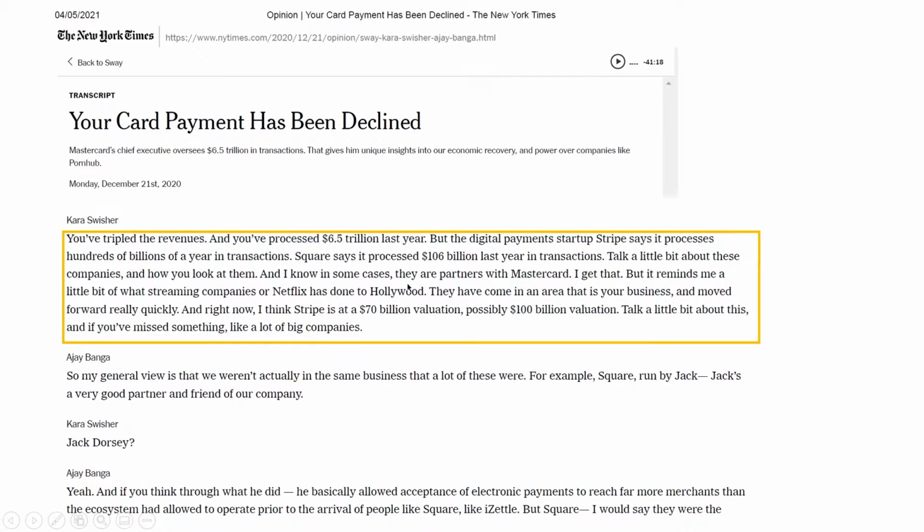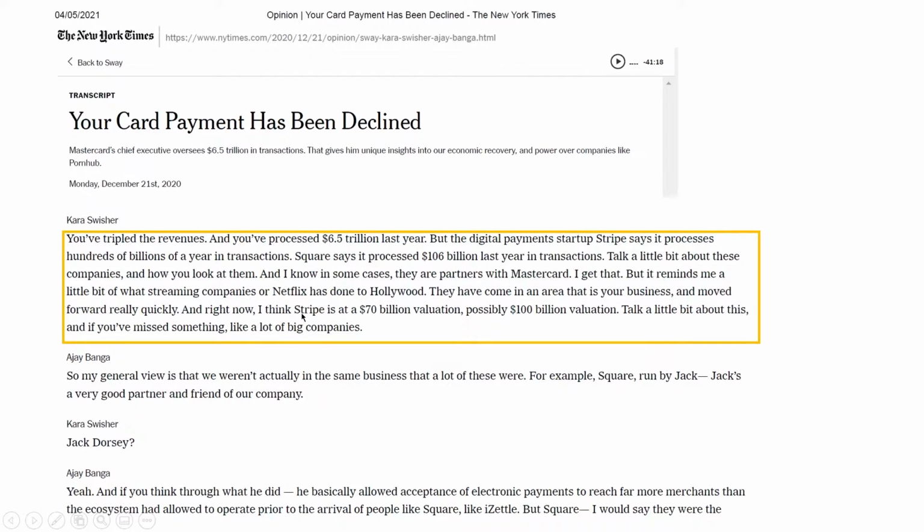And I know in some cases they are partners with Mastercard. I get that. But it reminds me a little bit of what streaming companies or Netflix has done to Hollywood. They have come in an area that is your business and moved forward really quickly.